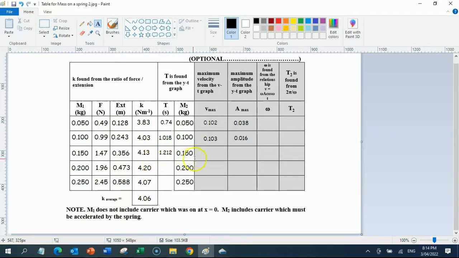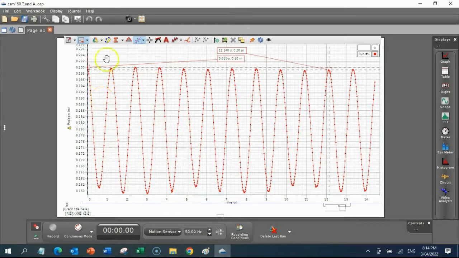Our next task is to get the amplitude and the velocity. If we have a look at the value up here, it's 0.200, and the lower position of the mass as it vibrated was around about, well, what will we say here? 0.61, let's say.